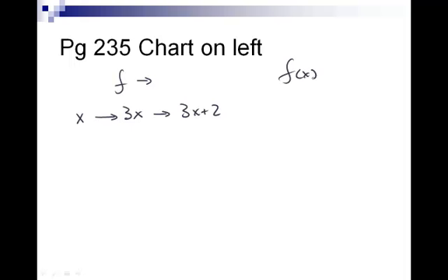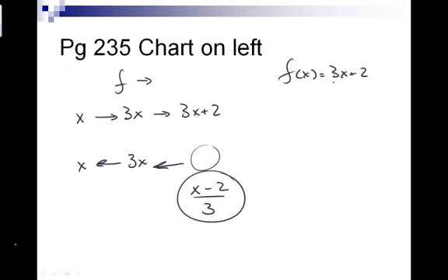That's what this is telling me to do. It's saying take x times 3 and add 2. If we come back the other way, if we subtract 2 and then divide by 3, which is taking our function and subtracting 2 and dividing by 3, you can see that that is our inverse function.